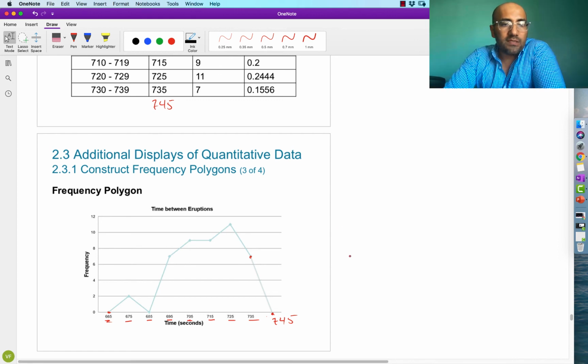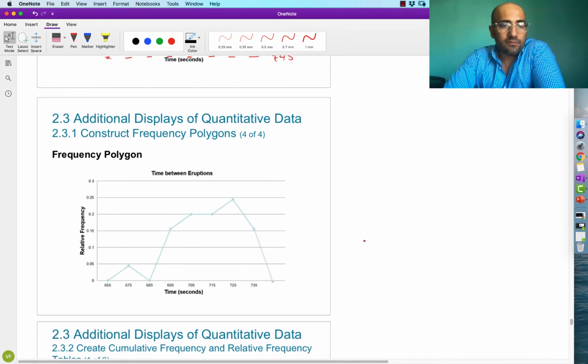And then we can also do the same or similar thing with relative frequency polygons. So again, we use the same midpoints of each class on the horizontal axis. And now the dot that we create above it refers to the relative frequency value associated with that class.